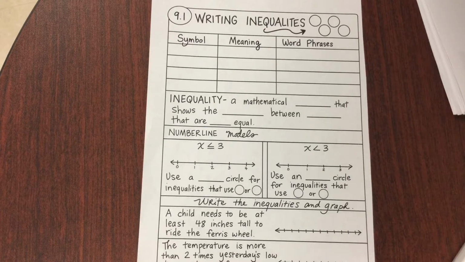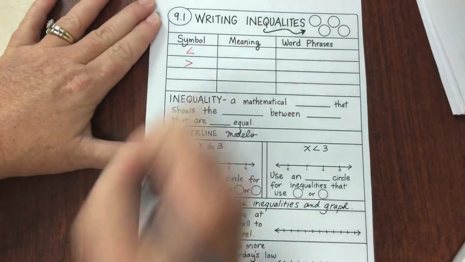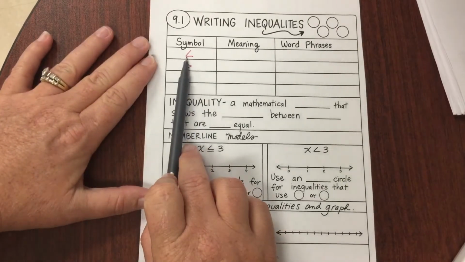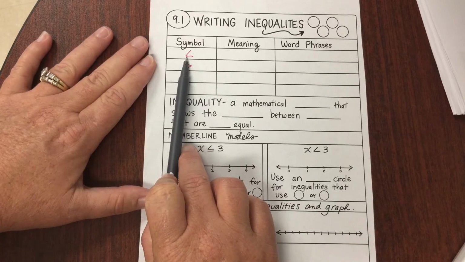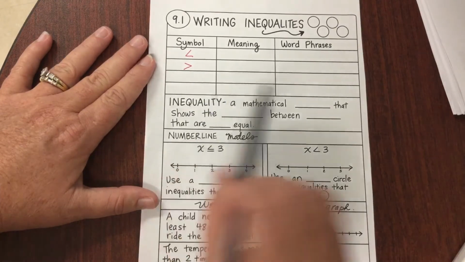So we have several different symbols, and we've got our regular symbols that look like this. And so this first symbol here, what is that meaning? Which one is it? Less than? All right.